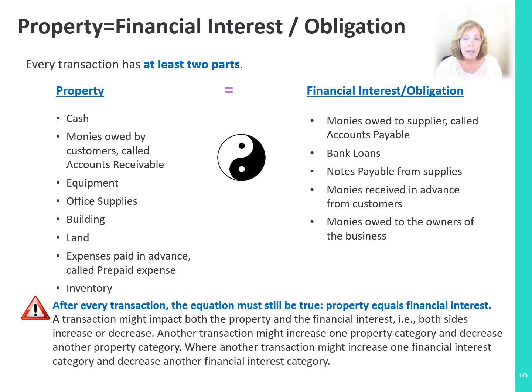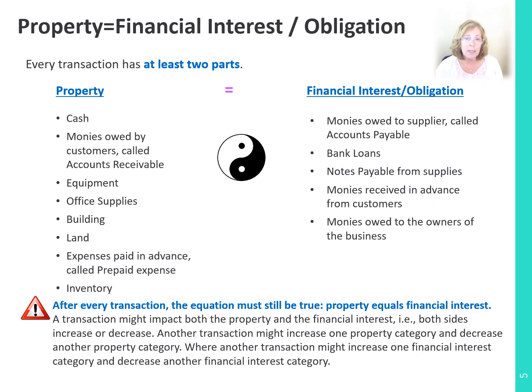Financial interests and obligations are monies owed by the business, such as monies owed to suppliers, called accounts payable, bank loans, notes payable, monies received in advance from customers, and monies owed to the owner of the business. A transaction might impact both the property and the financial interest, meaning that both sides increase or decrease.